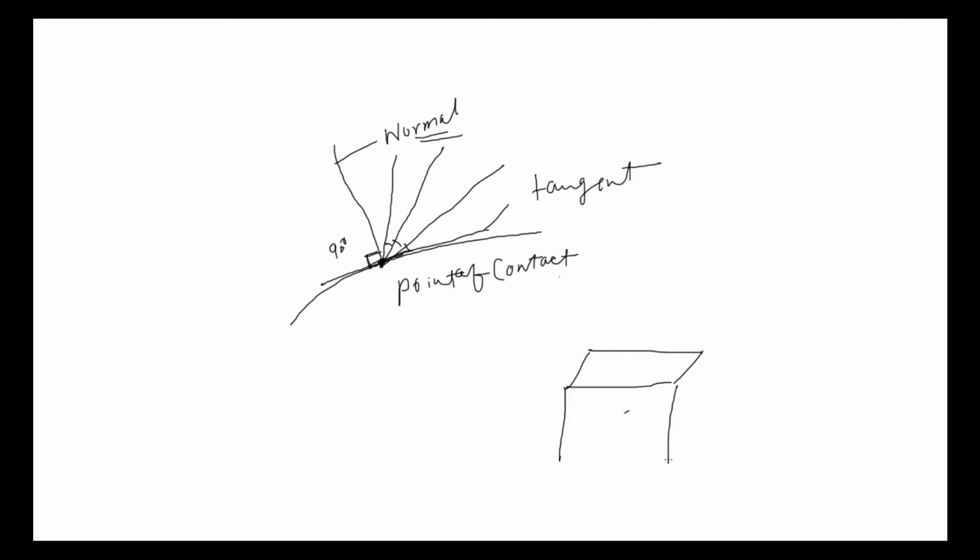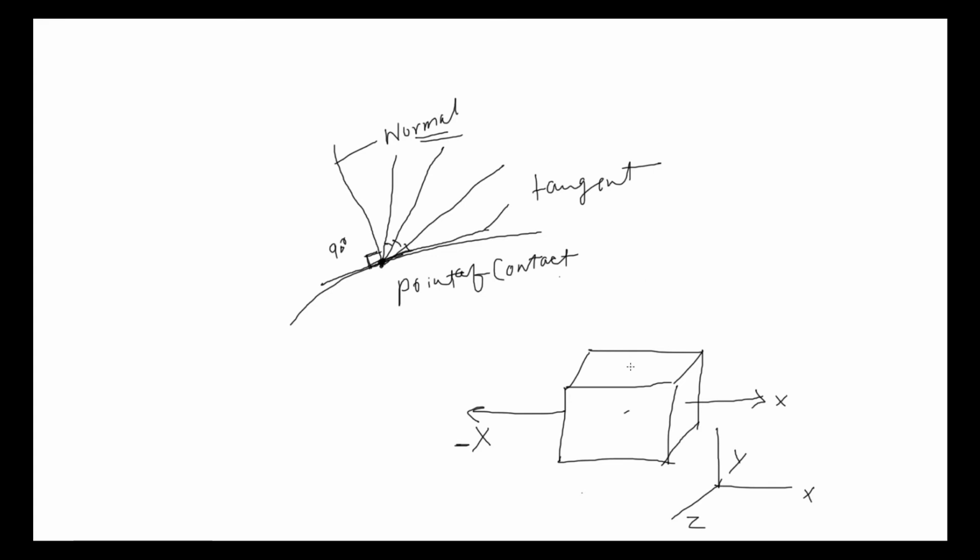Suppose this box is there, my favorite one. If this is x-axis and this is y-axis and this is z-axis, then the normal towards x-axis is this, and opposite x-axis is this.